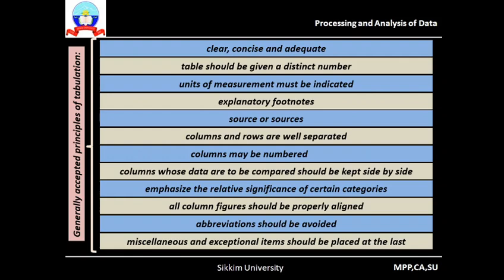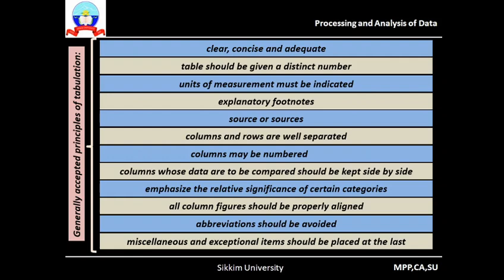Columns and rows are to be well separated. Columns should be numbered. Columns whose data are to be compared should be kept side by side. A table should emphasize the relative significance of the data items.